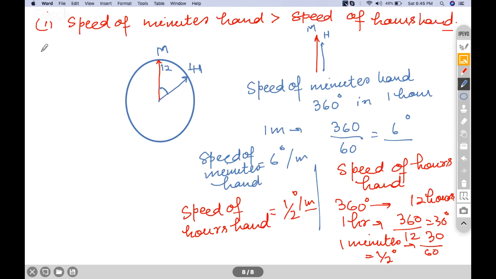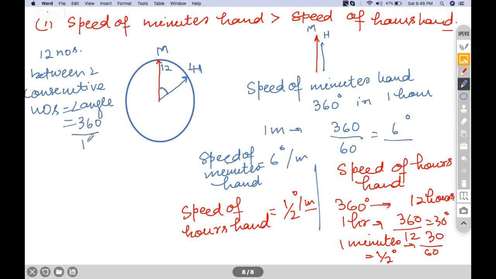In any clock 12 numbers are written, 1 to 12. So between two consecutive numbers, the angle would be equal to 360 by 12. So how much is it? 30 degrees.